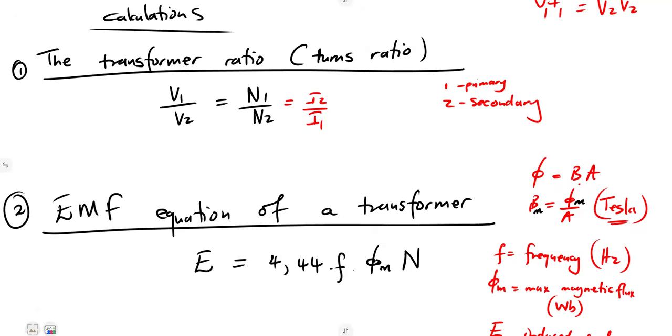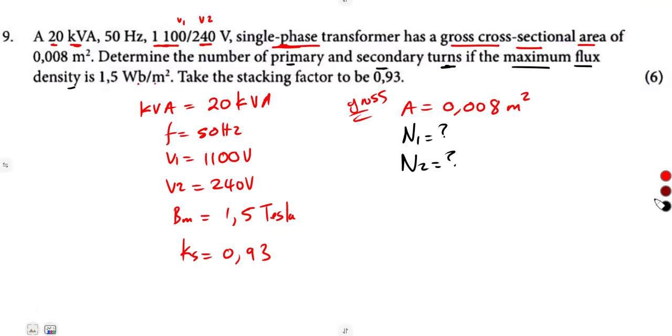So from the EMF equation, we can consider that, but we do not have the maximum flux. All right, let us take that formula first and see. It's simply from the EMF equation.